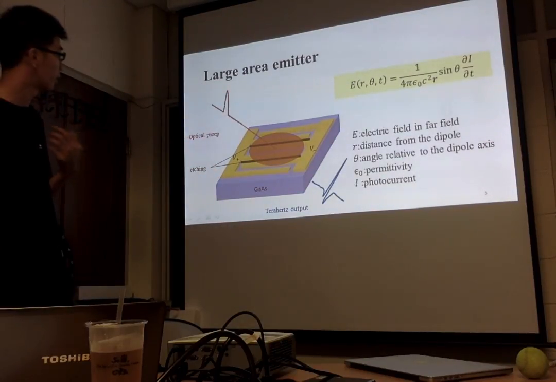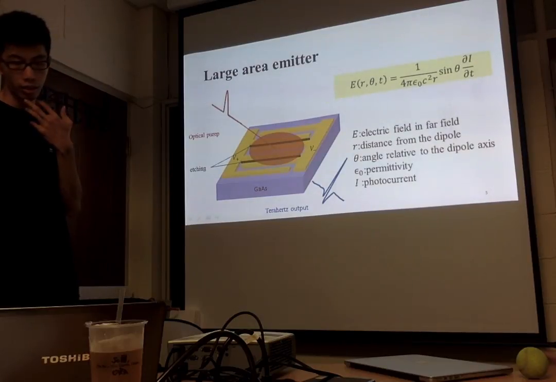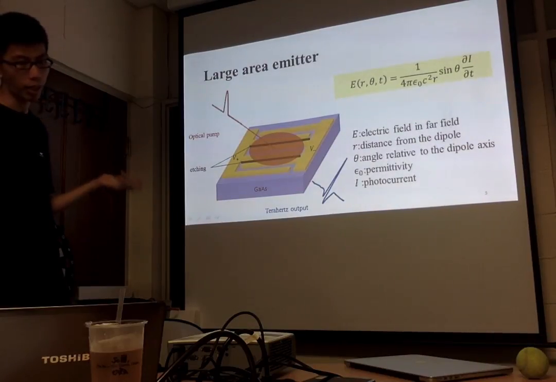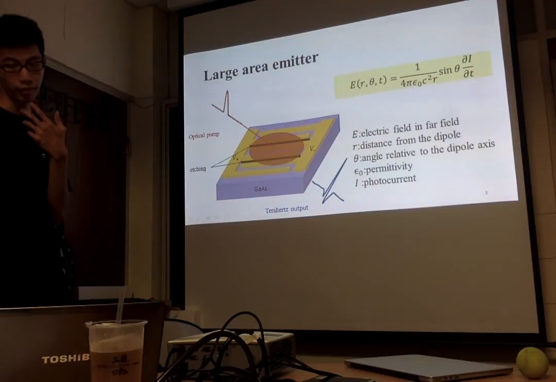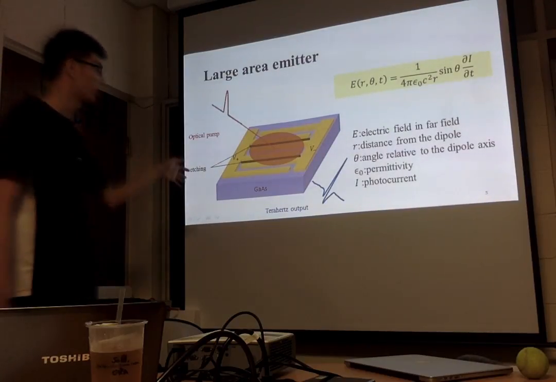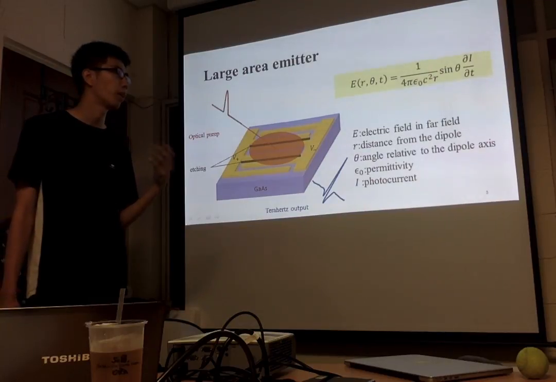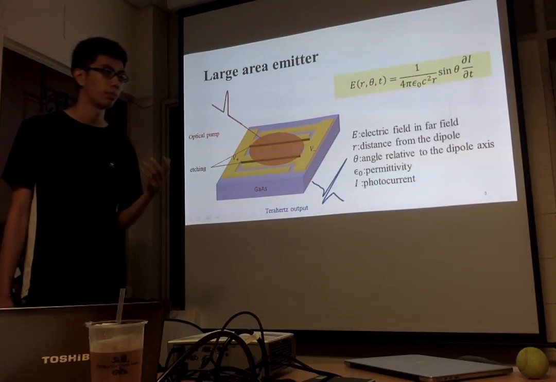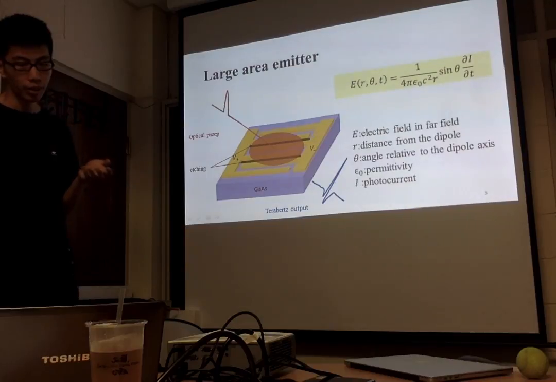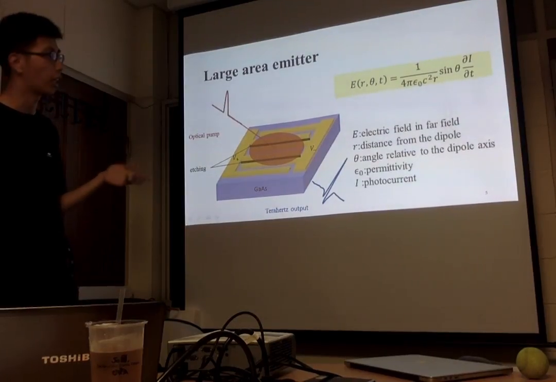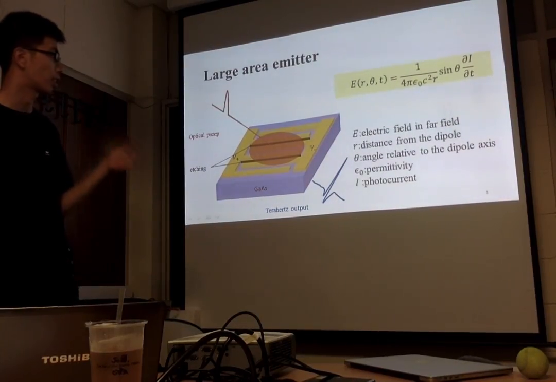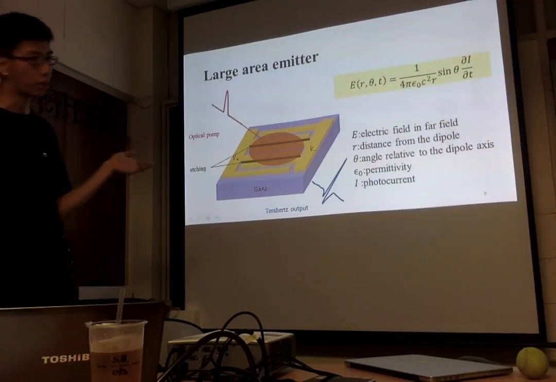The second gap is processed by either etching or a metal mask. It will generate an opposite sign current.